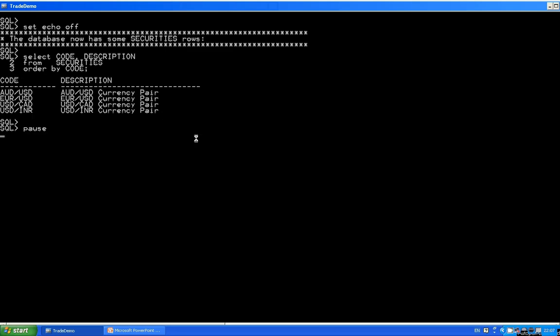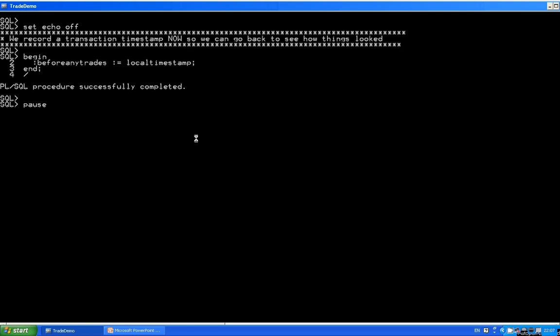We now have 4 securities in the securities table. We're now going to make a quick record of the actual transaction time on this physical database, and we're going to put that time into the before any trades script variable, so that we can go back to it when we're showing the bitemporal audit later on in the script.